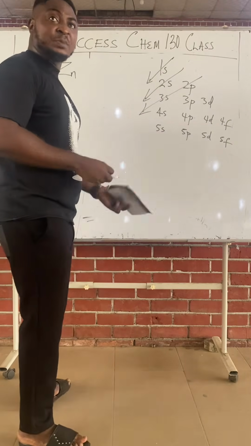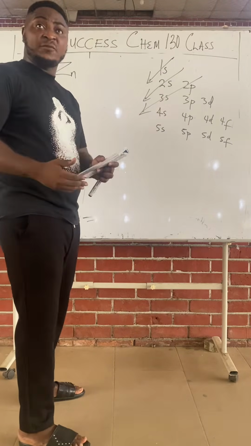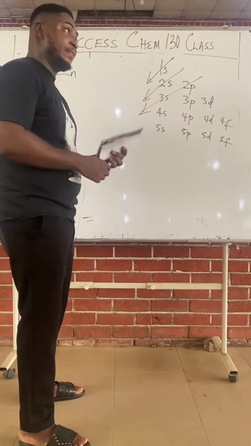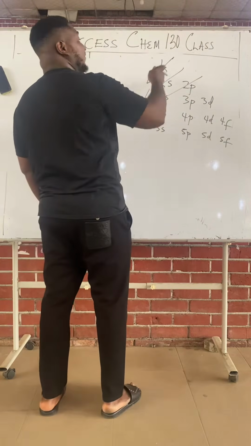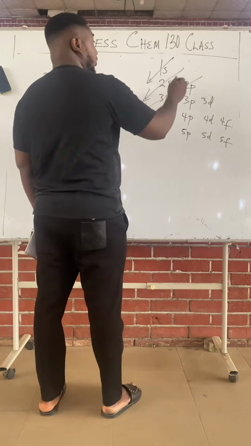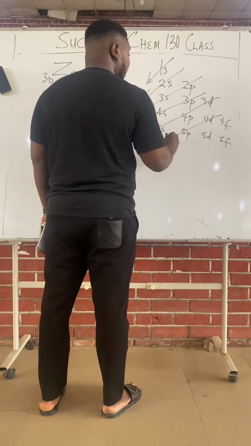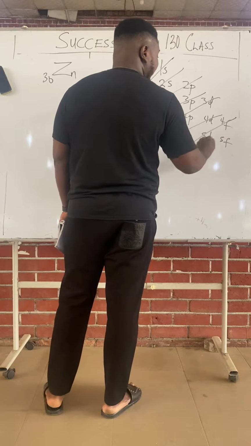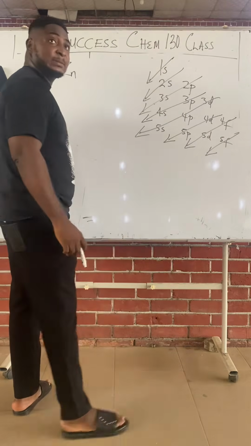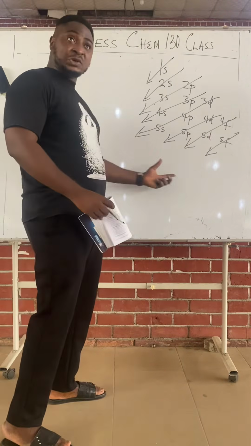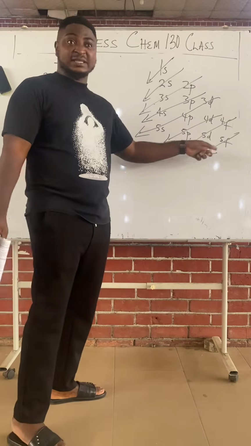When filling electrons in orbitals, we start filling from the lower energy level before we go to the higher energy. So you fill 1s first. After you fill 2s, then you fill 2p and 3s. Then you come to 3p and 4s, 3d, 4p, 5s, 4d, 5p, 4f, 5d, 5f. If I want to continue, I can still continue. I'll put 6s, 6p, 6d, 6f.